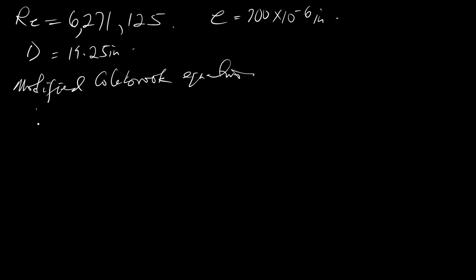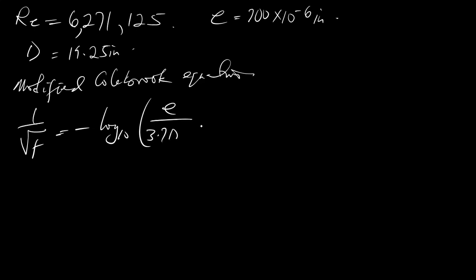1 over square root of f is equal to minus log to base 10 bracket open e divided by 3.70 D plus 2.825 divided by the Reynolds number times square root of f.